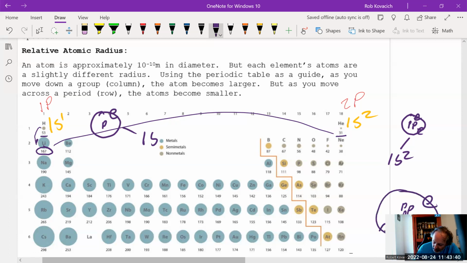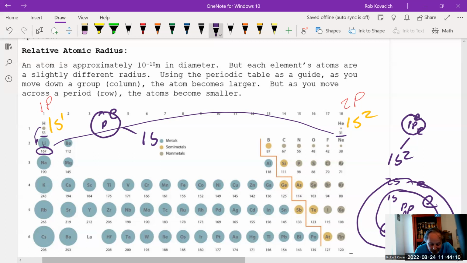Here are its first 2 electrons, but its 3rd electron is in the 2s sublevel, and this is the 1s. So that 3rd electron had to be placed further away from the nucleus because the inside energy level, 1s, was full. So I had to put it further away, which is why the lithium is significantly larger. Even though it's got 3 protons in it, those 3 protons are not powerful enough to pull that electron that's placed further away from the nucleus in that 2s sublevel.